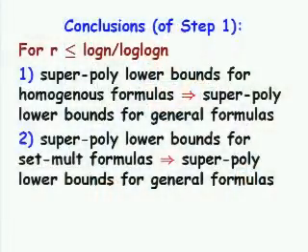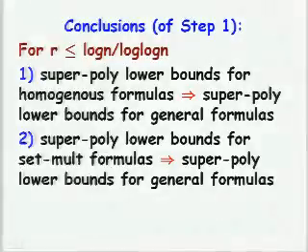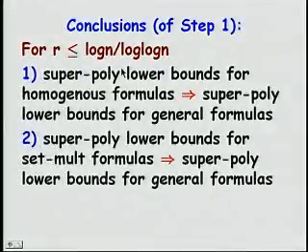Even slightly less than log n. No, actually log n. So log n over log n, you're right. So we need to prove it for log n over log n.